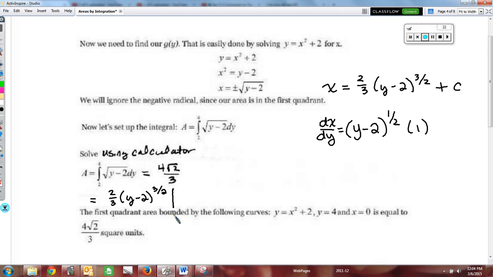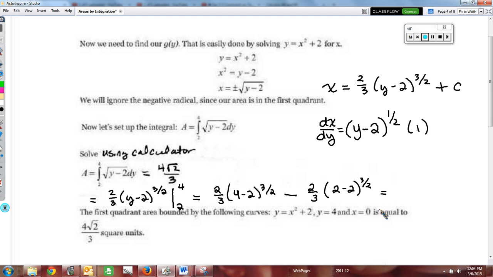And we're doing a definite integral, net change, so we show that we're doing the net change from 2 to 4. And notice it made sense that these were y values because you're plugging them in for y. So we calculate our function value at 4, 2/3 (4 minus 2) to the 3/2. And then we calculate our function value at 2, 2/3 (2 minus 2) to the 3/2, which is going to be 0.